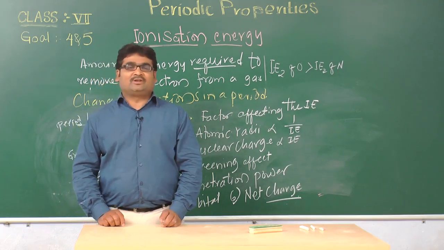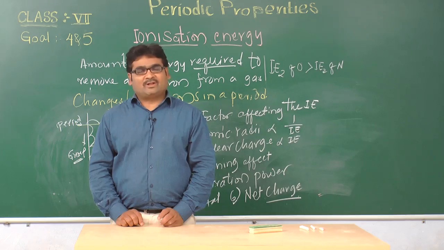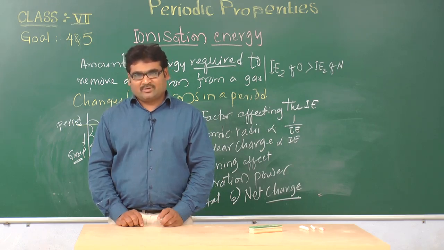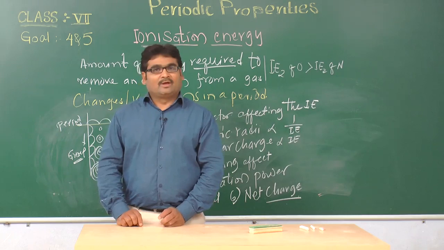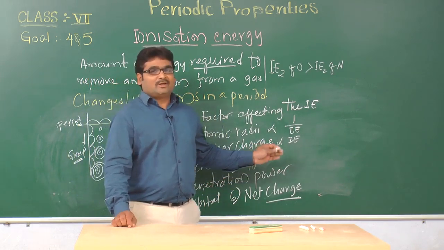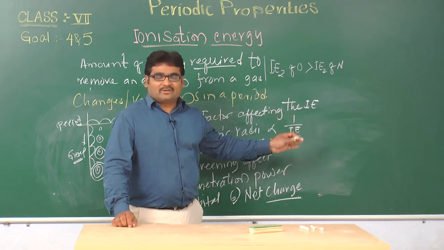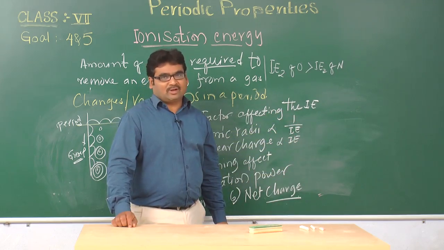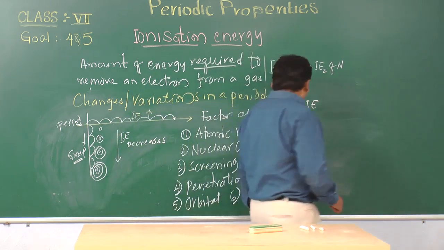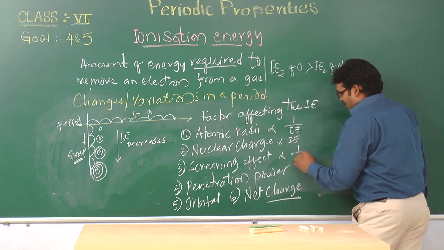This decrease in attraction is known as the screening effect. More the number of inner electrons, the greater the screening effect, so the lesser the energy required. So, the screening effect is inversely proportional to the ionization energy.